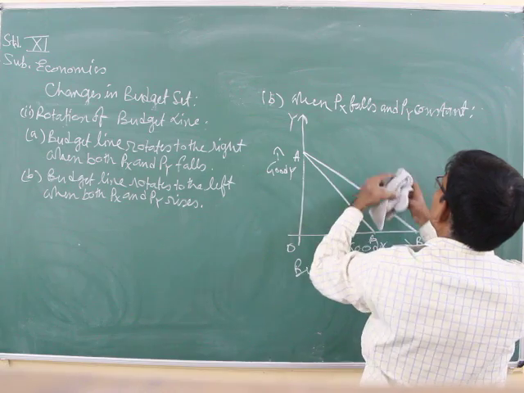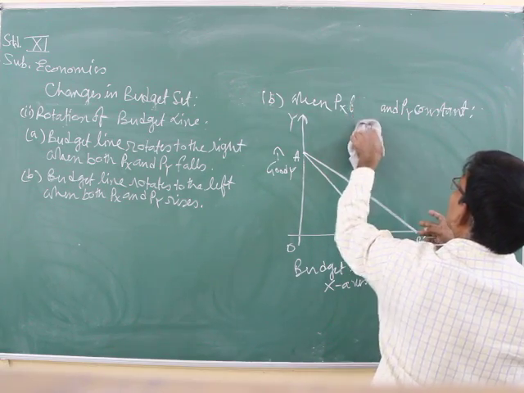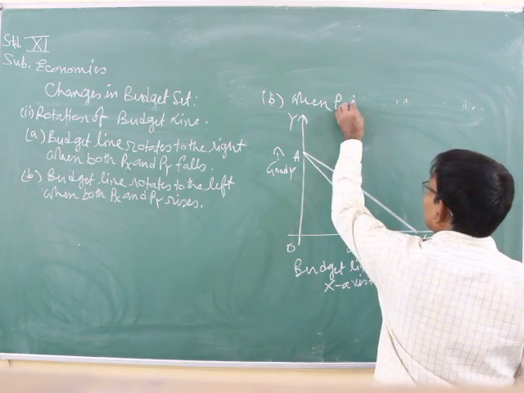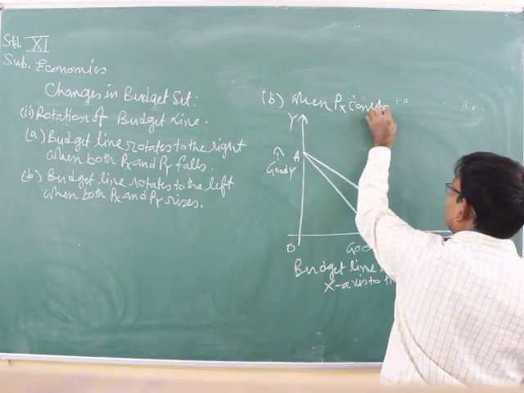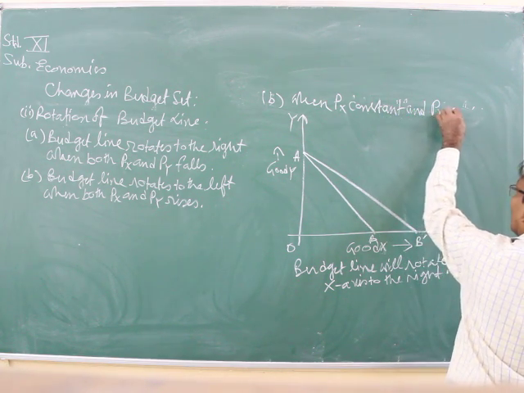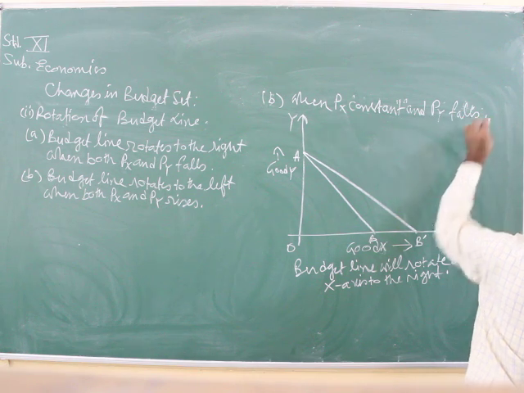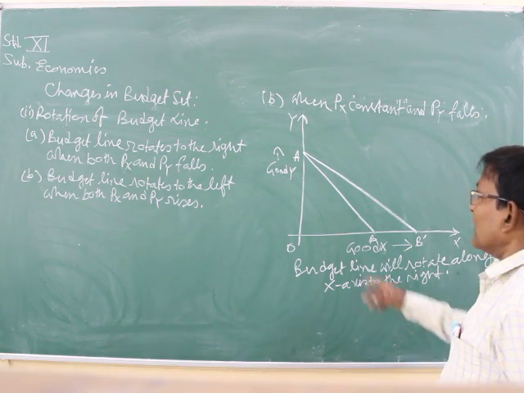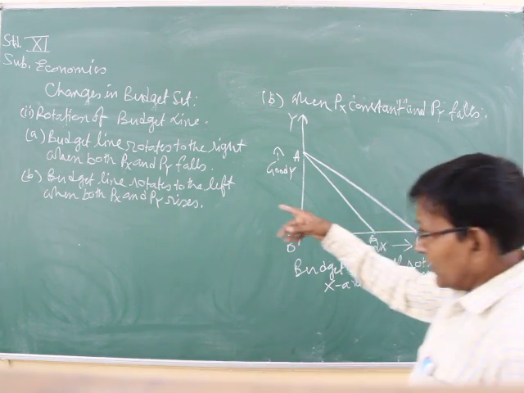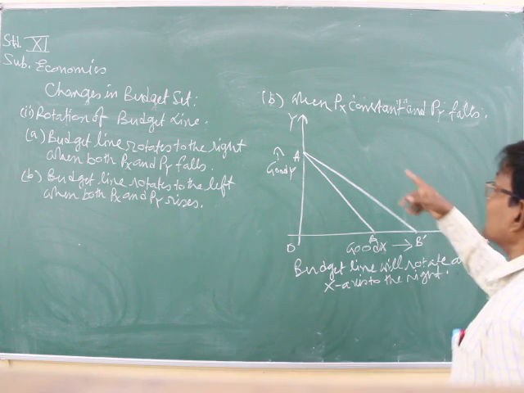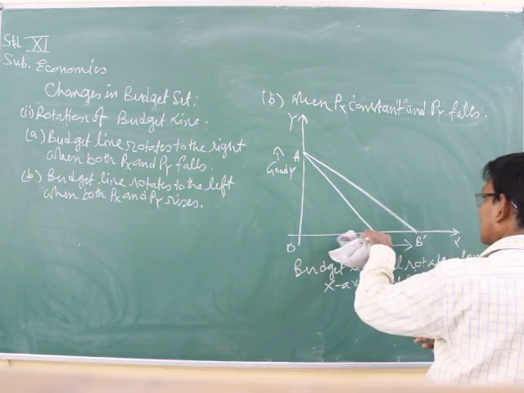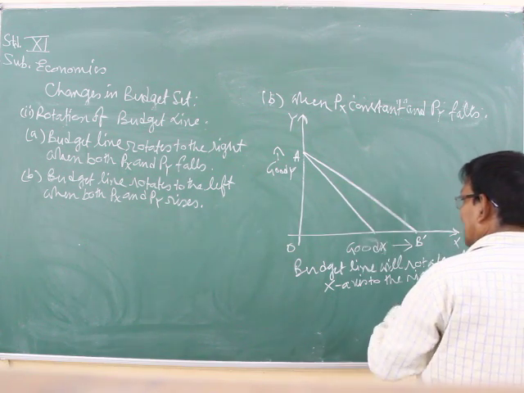When Px is constant and Py falls, what will be the rotation? In which direction will the budget line rotate?